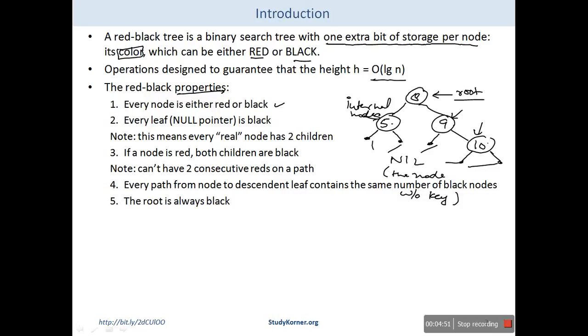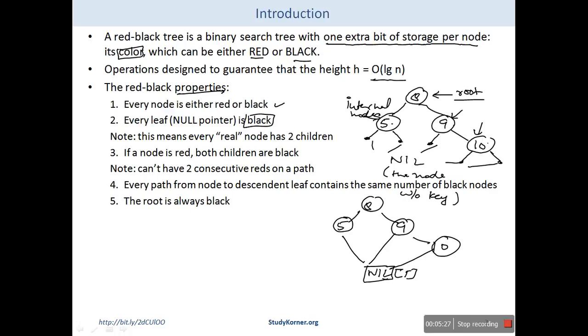Okay, so this whole tree can also be represented as 8, 5, 9 and 10, because all have nil leaves, so these pointers can be combined into one nil node of the tree data structure. So in some books you can see this type of representation of the red black tree. So the idea is every leaf is a null pointer and the color of this leaf is considered black.